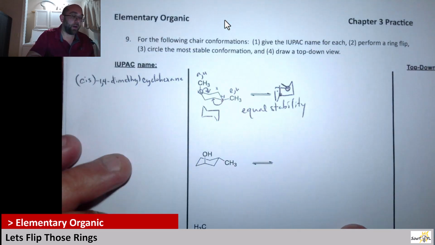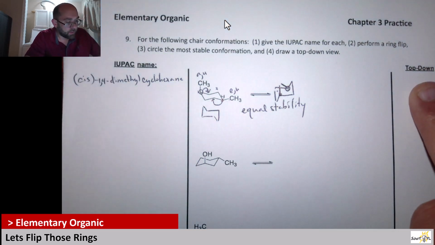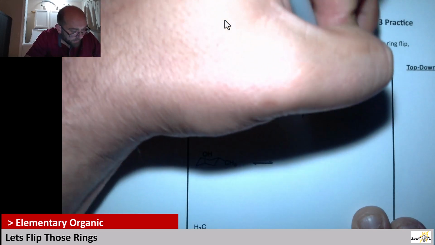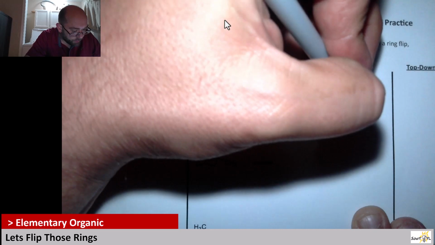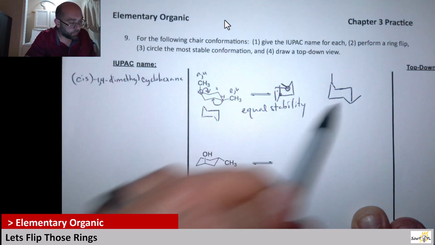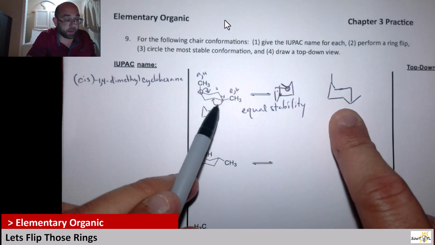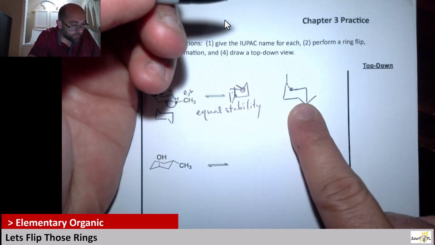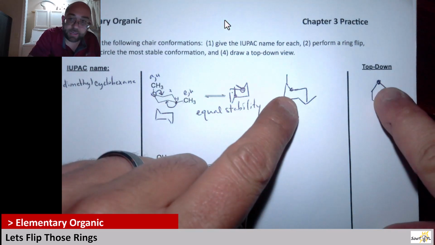Okay. Now, it wants us to draw the top-down view. So when you draw a top-down view, kind of the easiest way I show students to draw it, so that's the original one. I'm just hand drawing it. I'd say look at this top middle position, and draw your hexagon. Okay? So that top middle is that top middle.